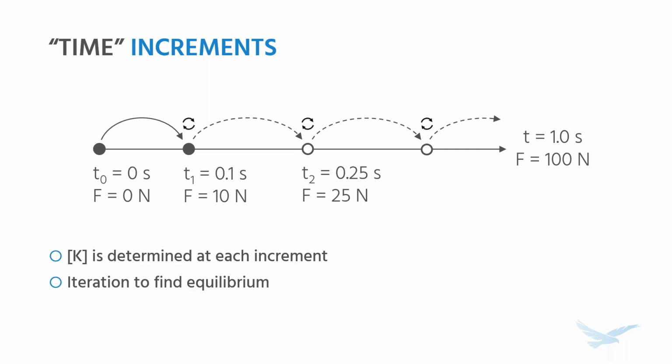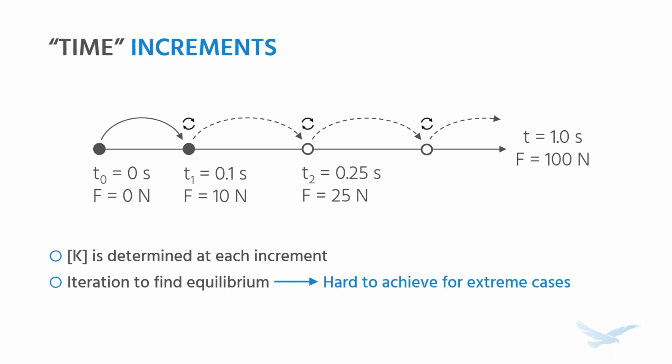Sometimes we can use bigger time steps. Sometimes we have to use smaller ones. And it's this equilibrium iteration process that allows us to determine what the appropriate time step size is. This is also where we run into a challenge when we're dealing with these extreme deformation problems.